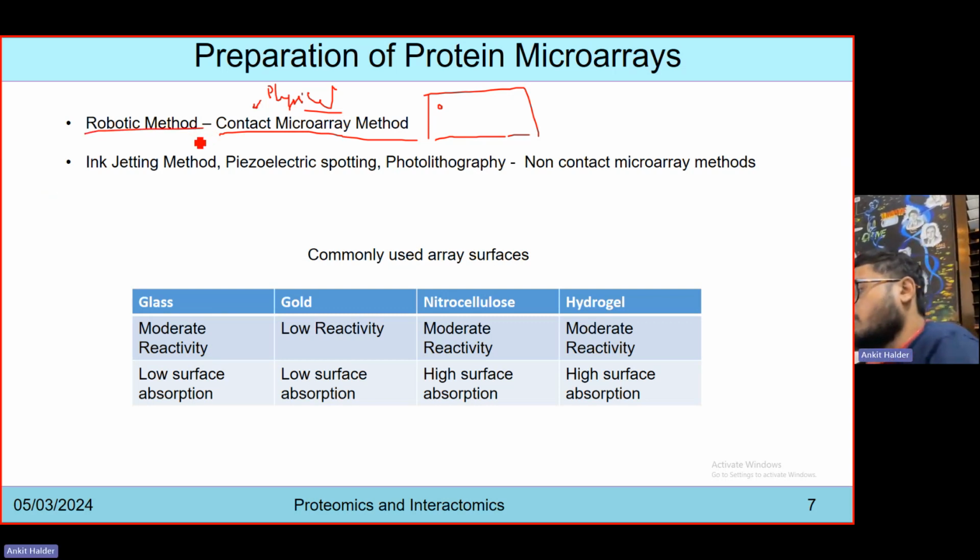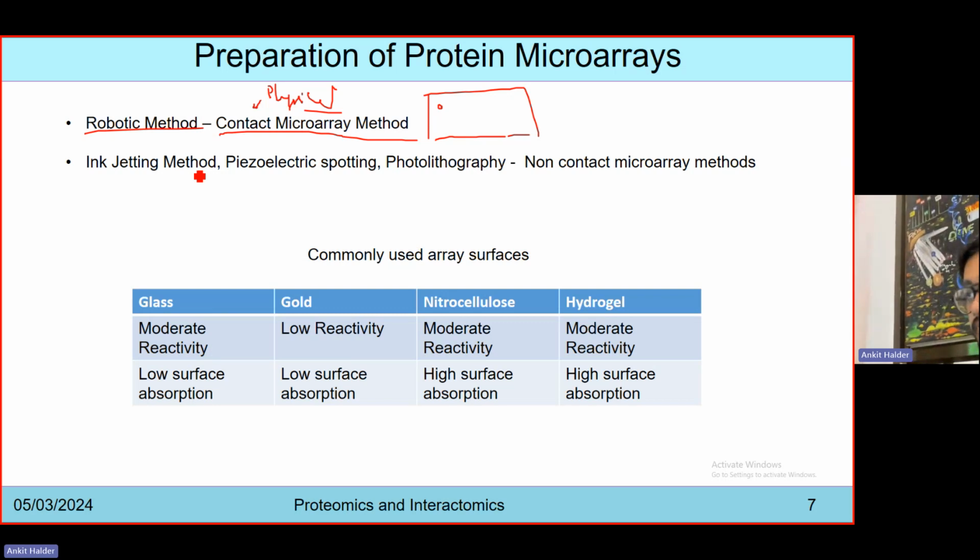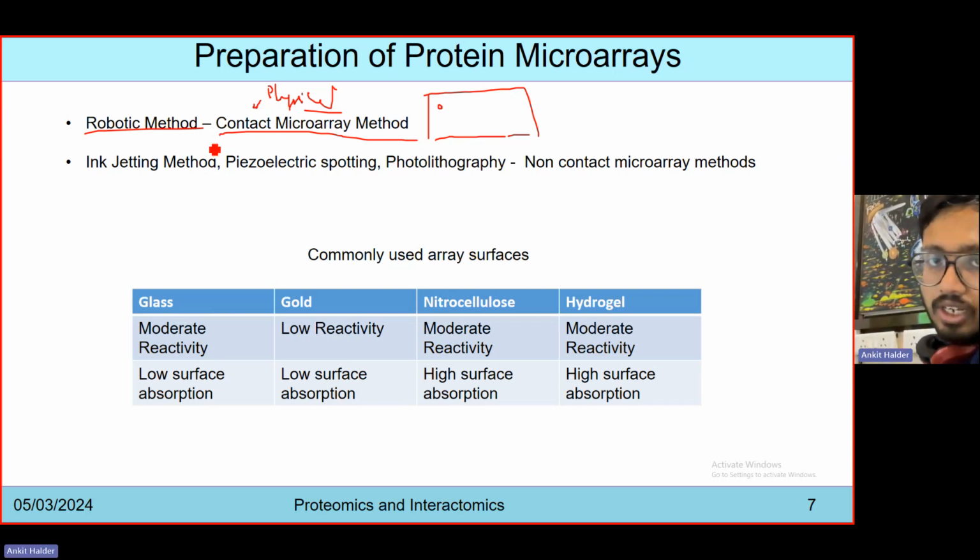That is the robotic method, using robotic arms. Now this is for the contact microarray method.